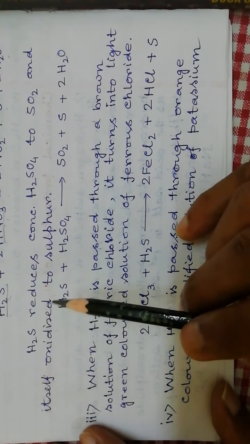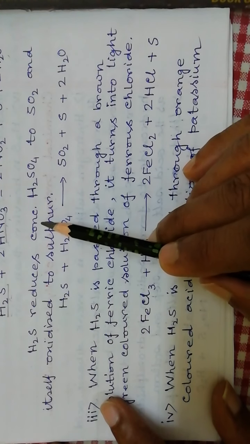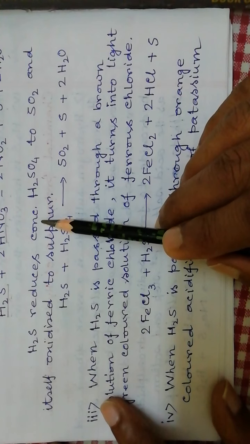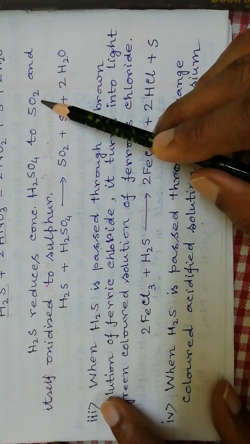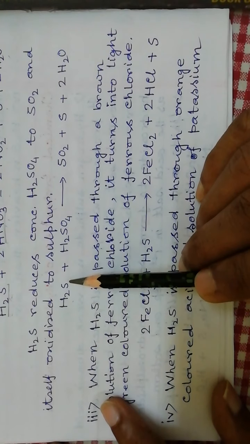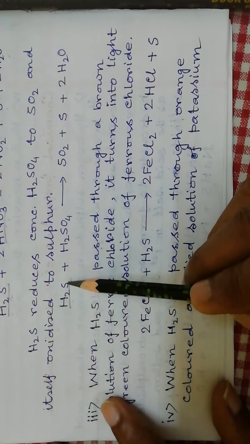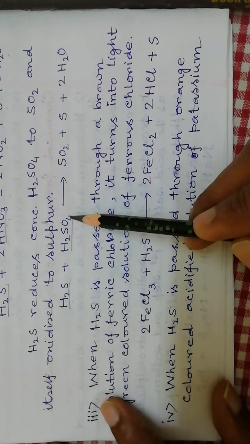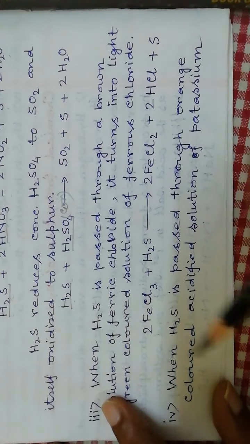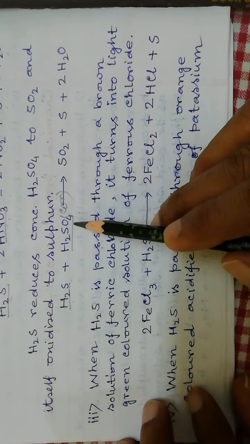Now when H2S reduces concentrated sulfuric acid, it must be concentrated sulfuric acid, to form SO2, and H2S itself is oxidized to sulfur. Here also H2S is a reducing agent and concentrated H2SO4 is an oxidizing agent, and that is why these two acids react with each other.